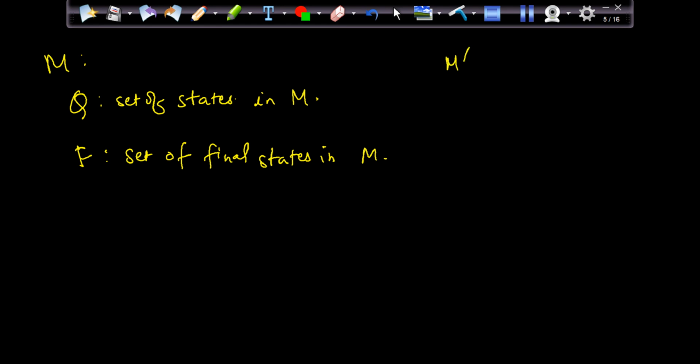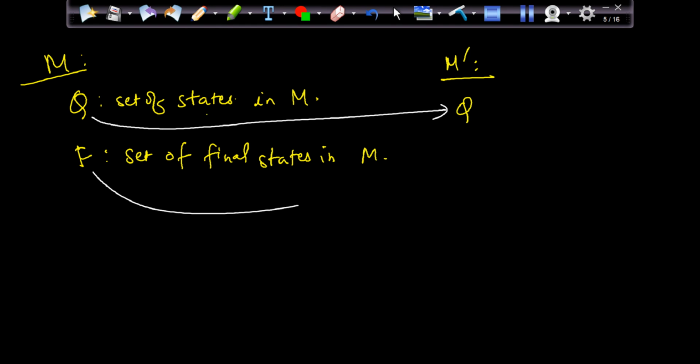Then what is M dash? What would be in M dash? The set of states would be Q, same. And the set of final states here would be Q minus F. And what about the transitions?